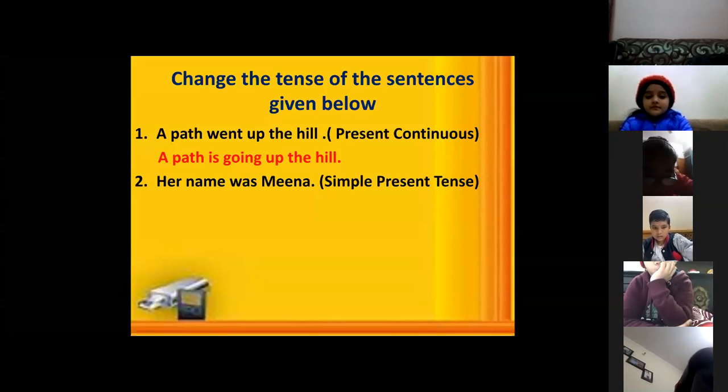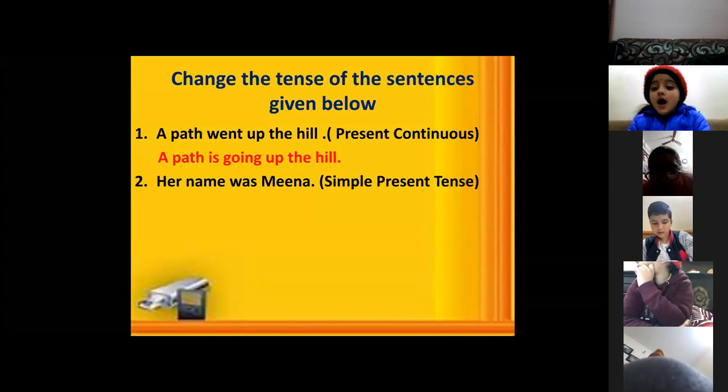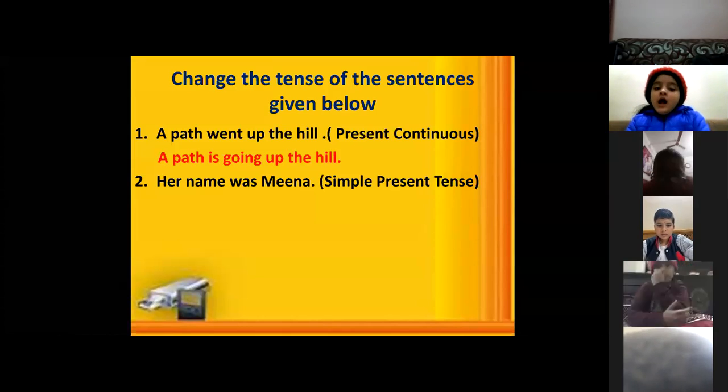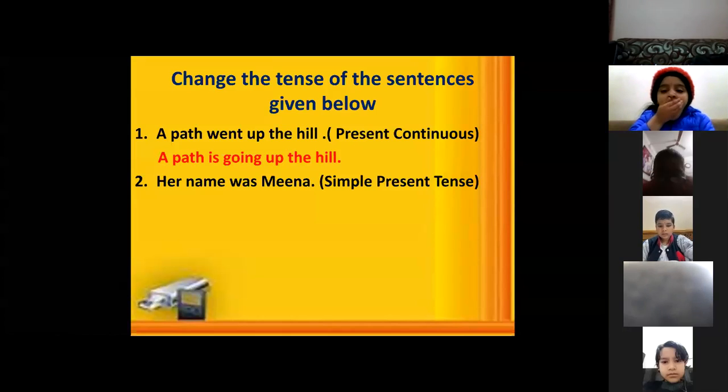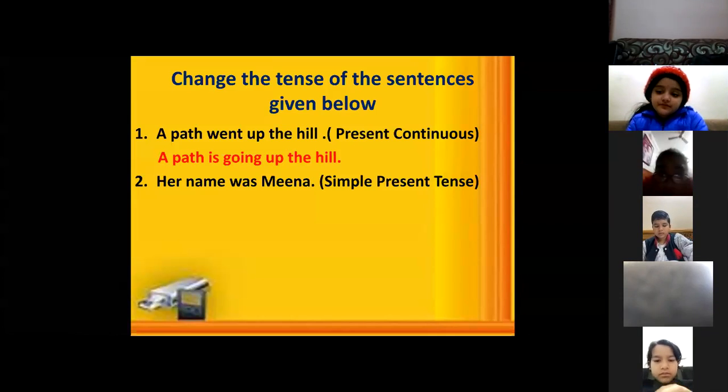And now who can tell me the rules of simple present tense? Just write your name in the chat box. Okay, her name is Meena is the correct answer. But who can explain the meaning? Okay, yes, Suzanne. Ma'am, subject plus first form of verb plus object. Okay, it is correct.